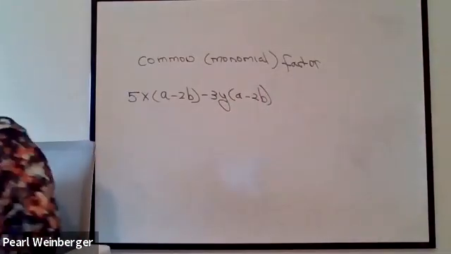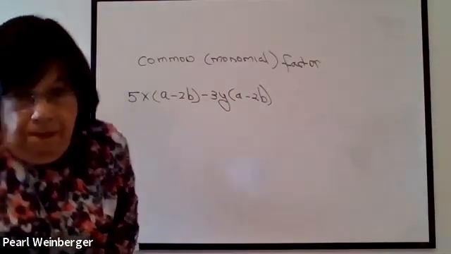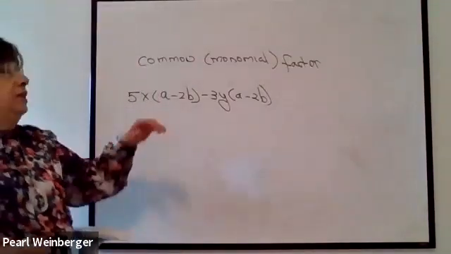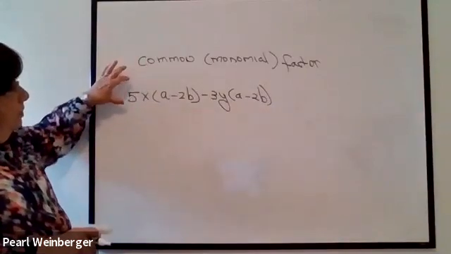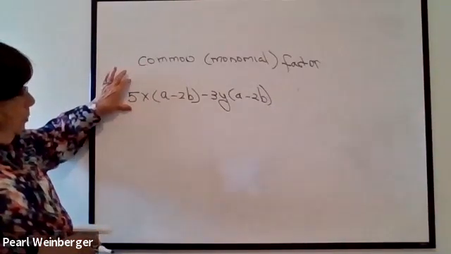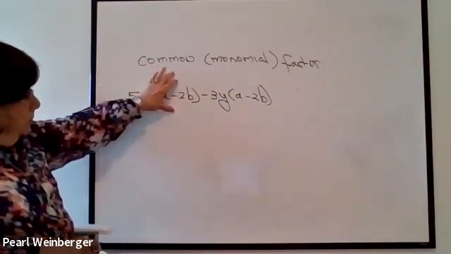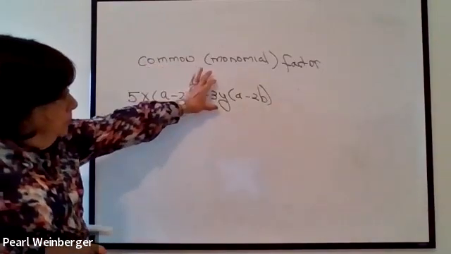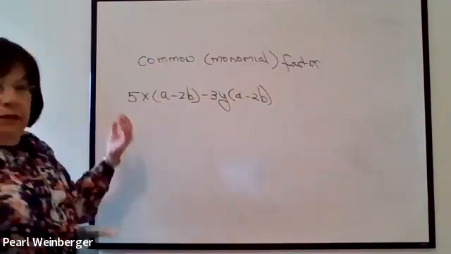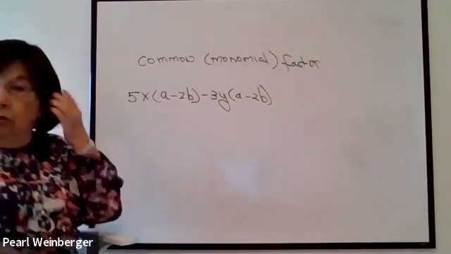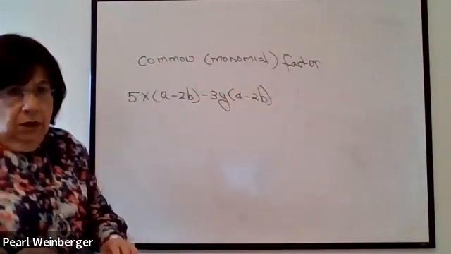It looks a little strange because I have a monomial times a binomial minus another monomial times a binomial. It's not like everything is all individual terms.